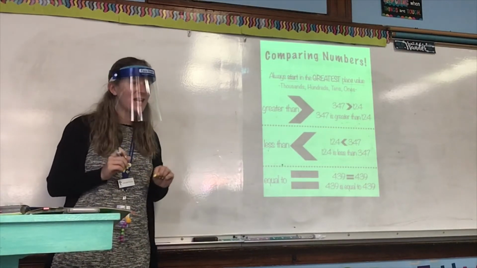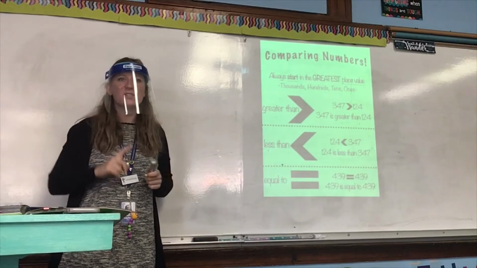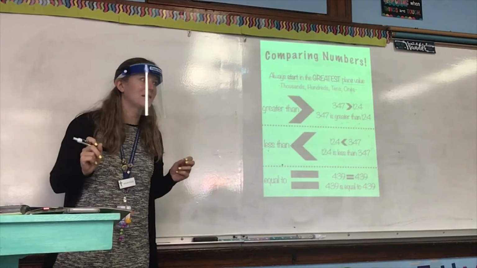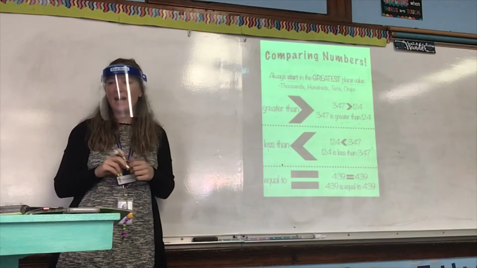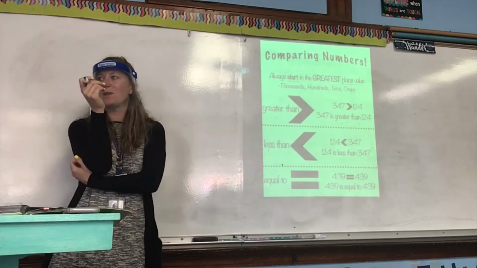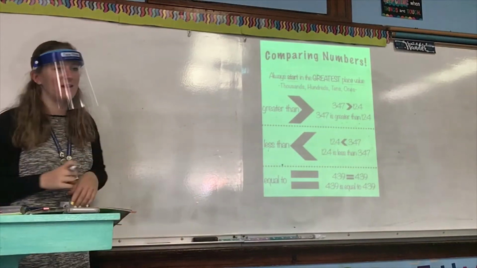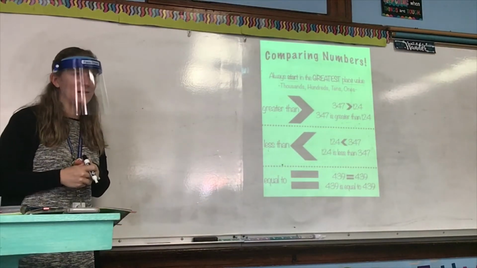We do have a 10,000s cube. How many ones cubes are in that 10,000s block? Victoria? 10,000. I didn't know how to draw a 100,000 block.